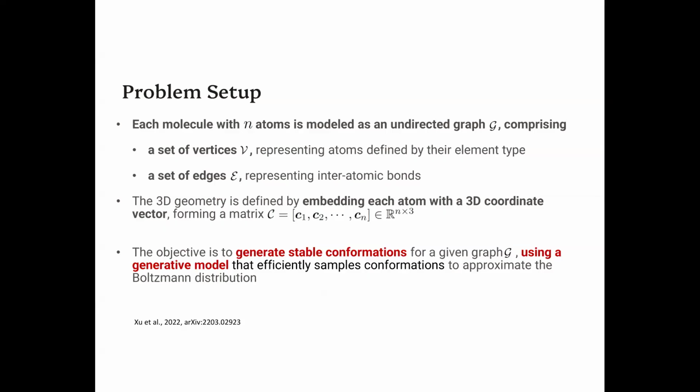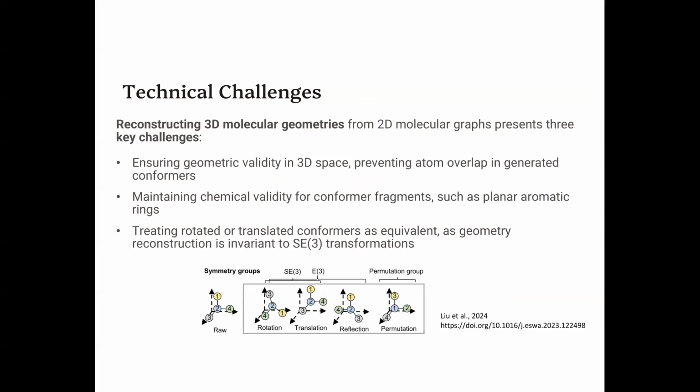We have associated the 3D geometry, which embeds each atom in a 3D coordinate vector, and having n atoms, we have a matrix with dimension n times 3, which is the coordinates of the atoms of the molecule. The objective is to generate stable conformations given the 2D molecular graph G, by using a generative model that will efficiently sample conformations approximating the Boltzmann distribution.